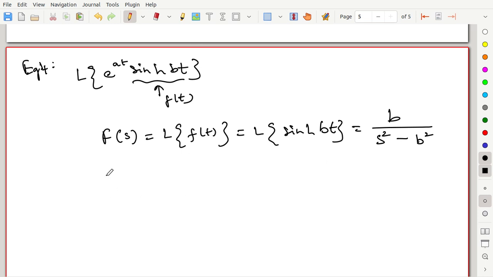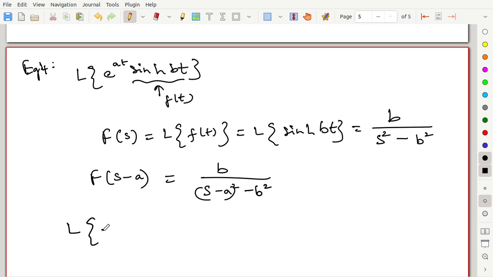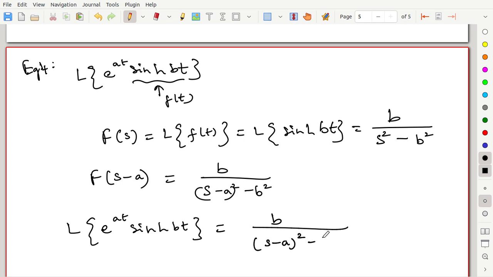Secondly, since we have e power at, we replace s by s minus a. Therefore L of e power at sinh bt is equal to b divided by s minus a the whole square minus b square.